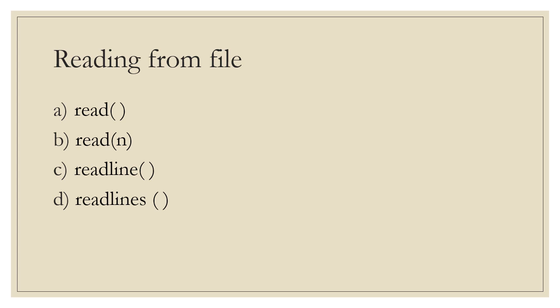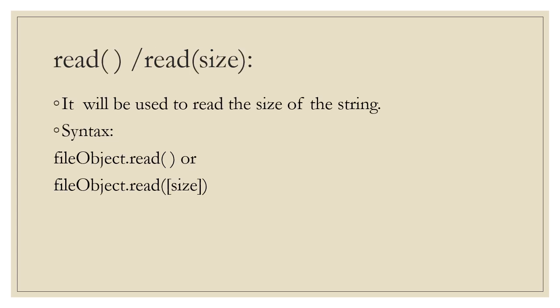Now we are going to learn one by one in a deep manner. The first one, read() or read(size). read() can be used to read specific size strings from a file. This function also returns a string read from the file.